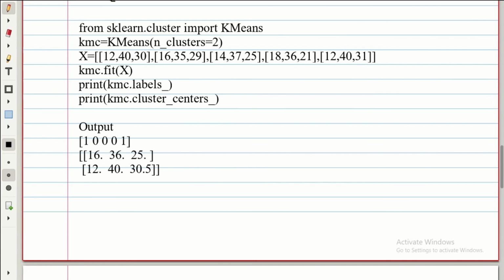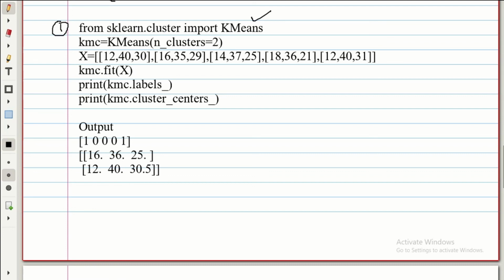Now see the Python code here. If you see the first line, I am writing from sklearn.cluster. So the library is sklearn, and there is a sub-library, the library is divided, so there is cluster, another library within the library, and KMeans is the class.